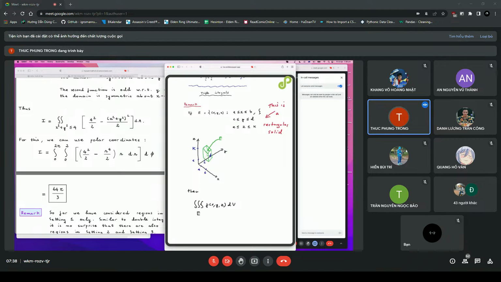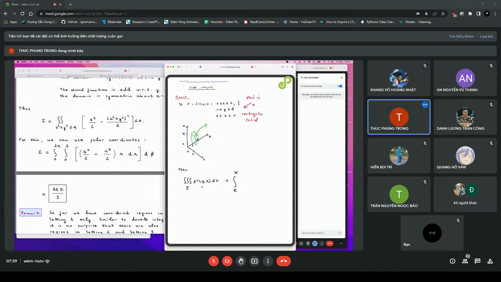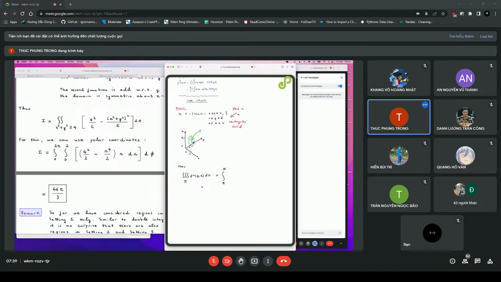Then we have this one: the integral from e to k dz, from c to d dy, from a to b dx of f(x, y, z).